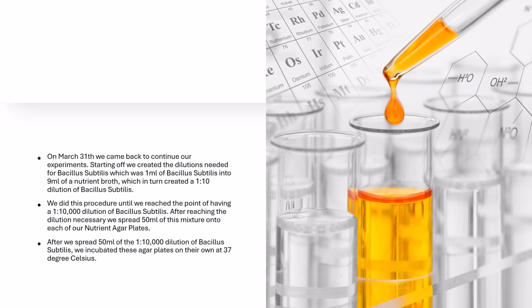After reaching the dilution necessary, we spread 100 microliters of this mixture onto each of our nutrient agar plates. After we spread the plates, we incubated them on their own, without a jar or anything, at 37 degrees Celsius for another 48 hours.